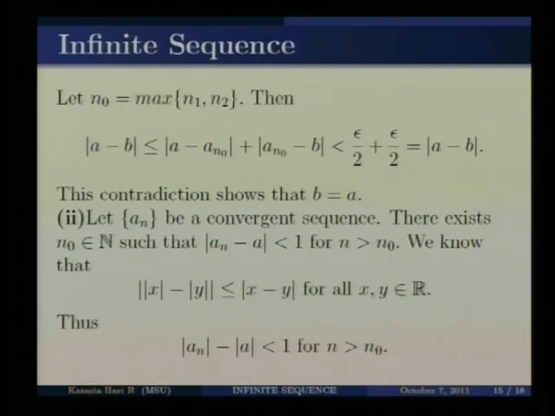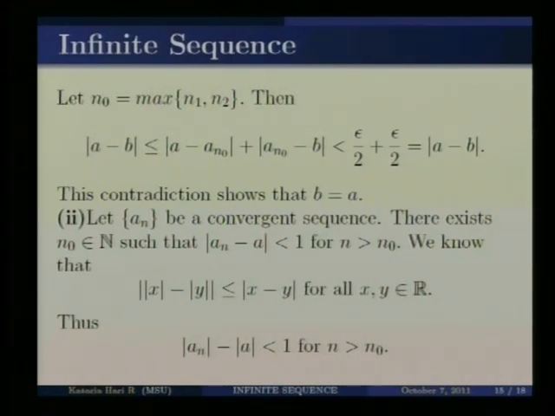Then mod a minus b is less than or equal to mod a minus a n0 plus mod a n0 minus b, and from the previous results each quantity is less than epsilon by 2. So, this is less than epsilon by 2 plus epsilon by 2, and epsilon by 2 plus epsilon by 2 is epsilon.